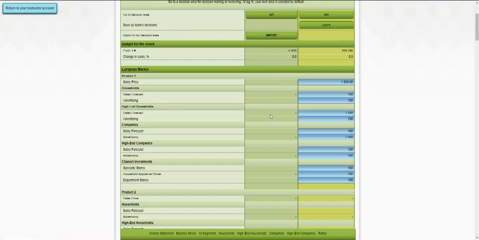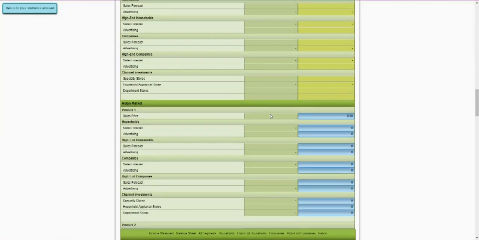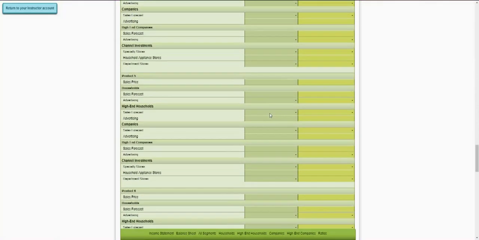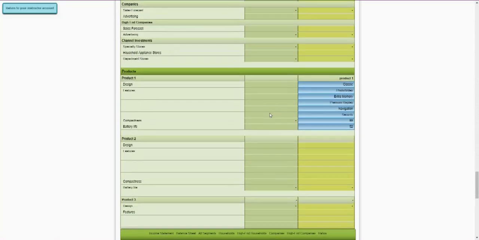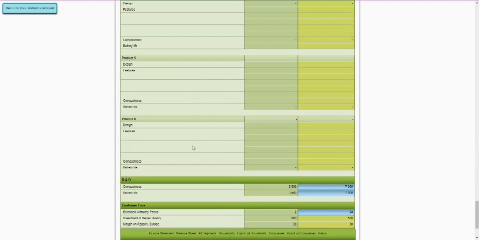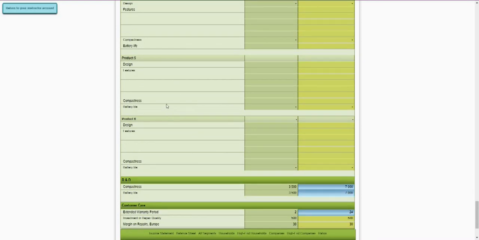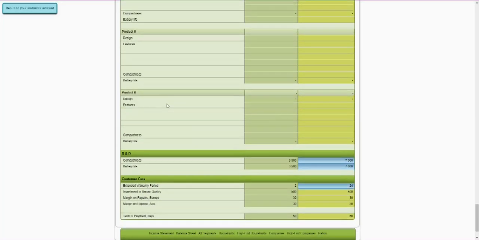If you don't import your decisions in here, then you're not going to save your decisions. At the moment, we've only got one product, and we've got the details of the product in here. But you can have up to 6 products, and those 6 products can be in either the European or the Asian market, or both.